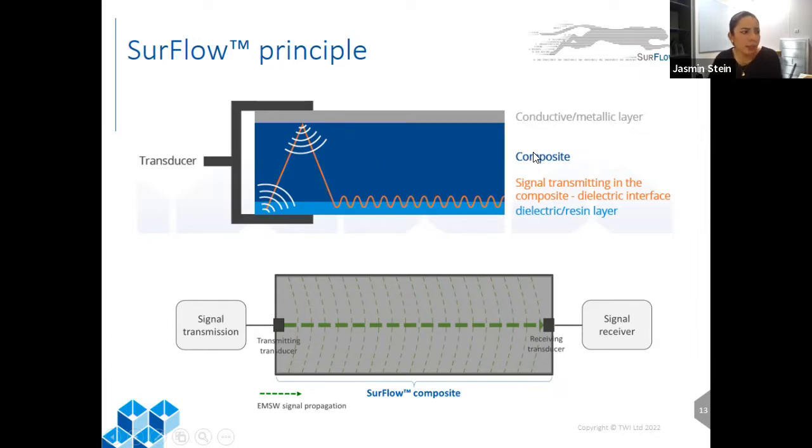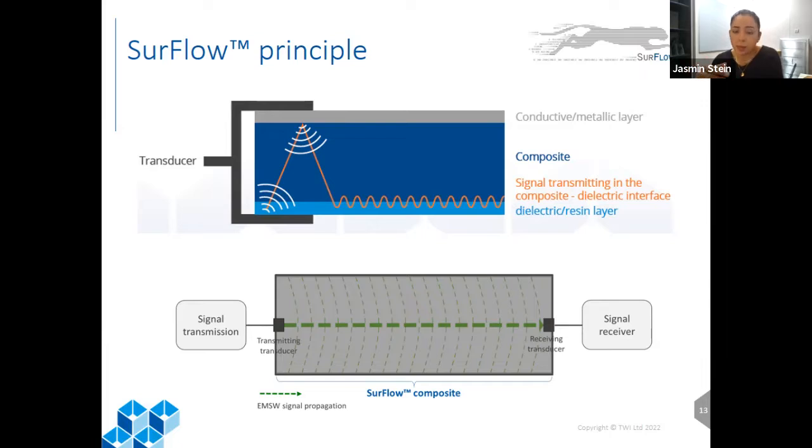And then we need a dielectric layer and a conductive layer. Although we have a conductive layer, this doesn't carry the signal. It's there only to stop the signal escaping from one surface and reflect that signal back onto the opposite surface. Then the signal gets trapped between the composite and the dielectric layer.